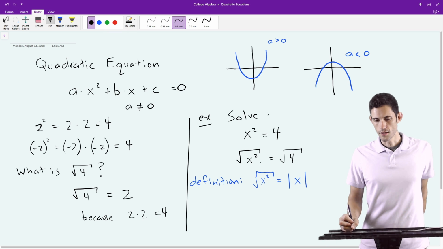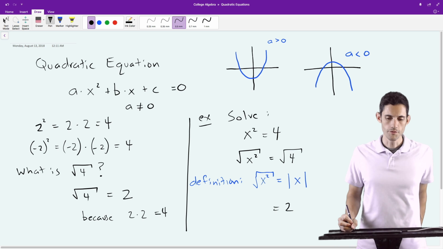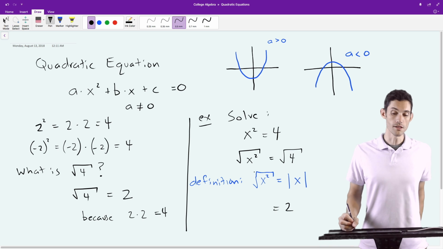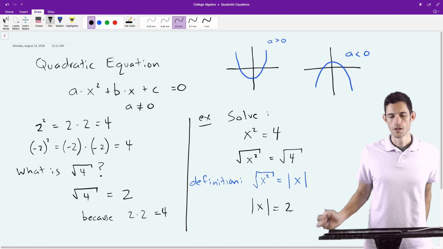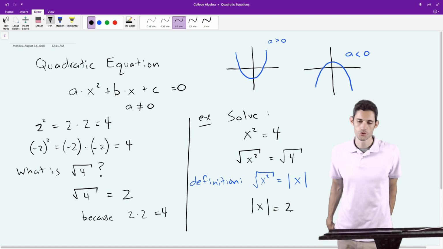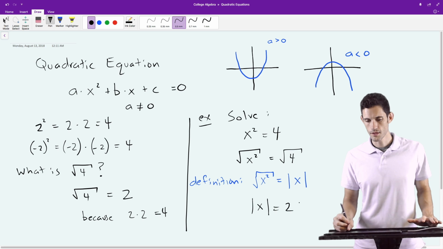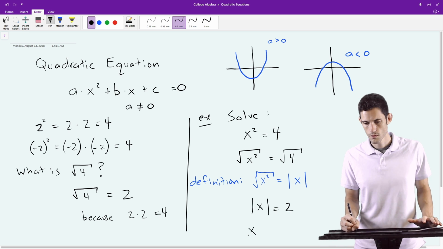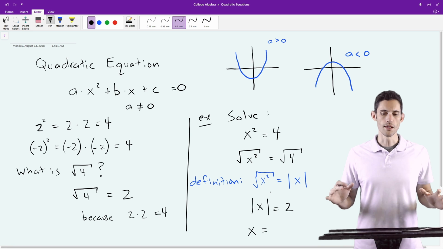So I'll put 2 on the right-hand side. Now on the left, we're going to use this definition and replace the square root of x squared with the absolute value of x. So now I've got the absolute value of x equals 2. And so I think to myself, I'm trying to get x by itself. What does this absolute value of x equals 2 mean?